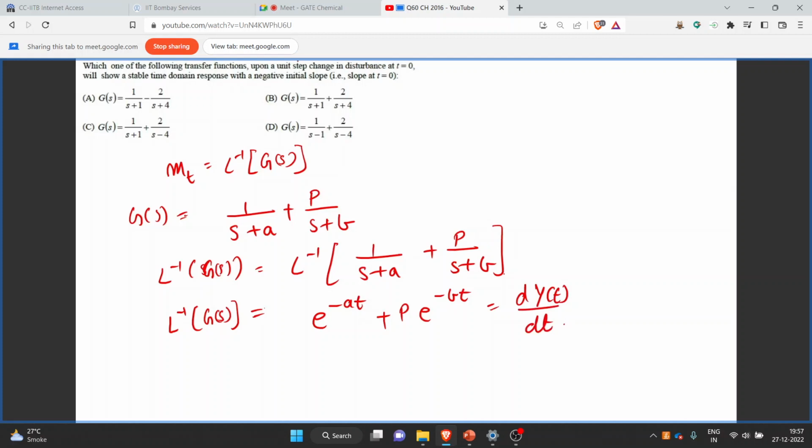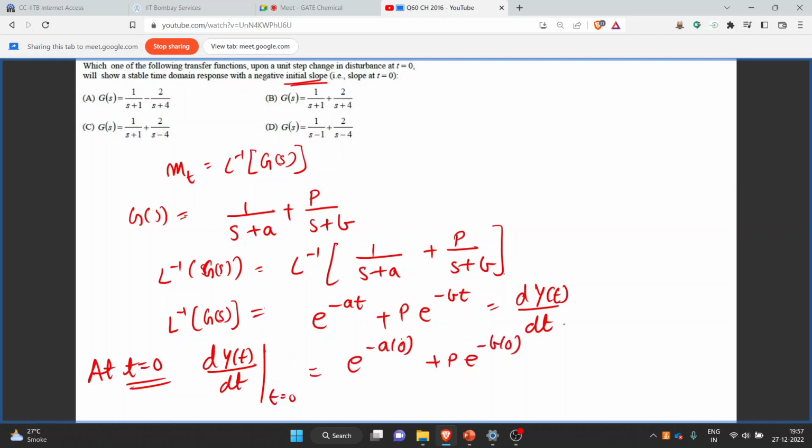Now we have to find the initial slope, that is at time t equal to 0. We can find the derivative as e raised to minus a times 0, plus p e raised to minus b into 0. So this will be equal to e raised to 0, that is 1, plus p into 1.